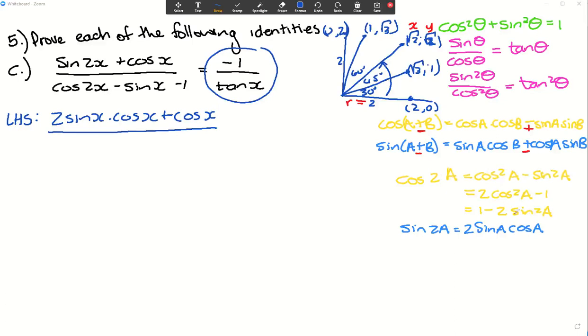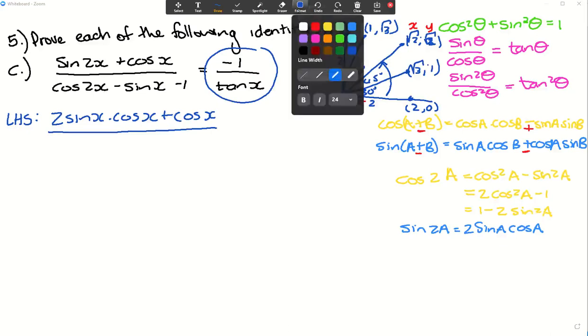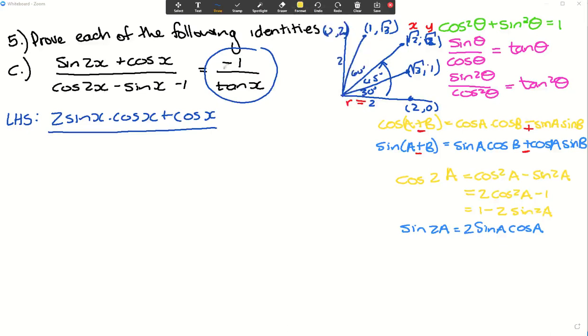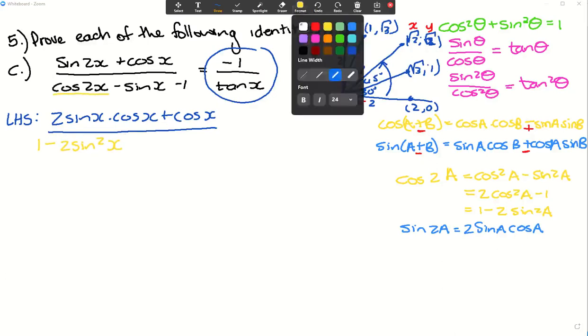I want a purely sine item. So we can rearrange that, and this whole cos 2x becomes 1 − 2 sin squared x, and we're dealing with x's in this instance.